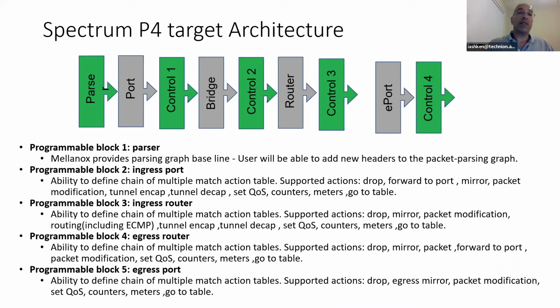Briefly, we will describe here the Spectrum or Spectrum 2 P4 target architecture. Since it's hybrid, it has both the legacy functionality, which we see in the gray blocks. Those blocks cannot be changed out of the box; when the user gets the switch, he gets those functionalities working as today's legacy features.